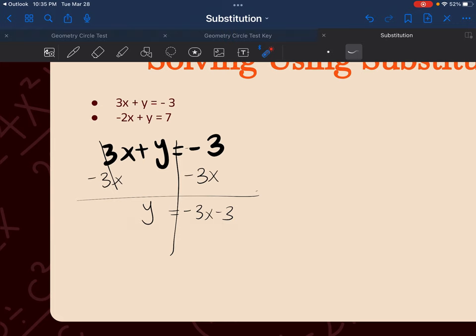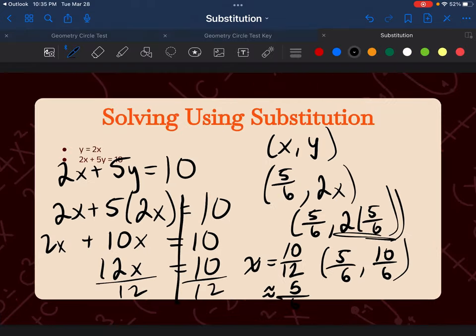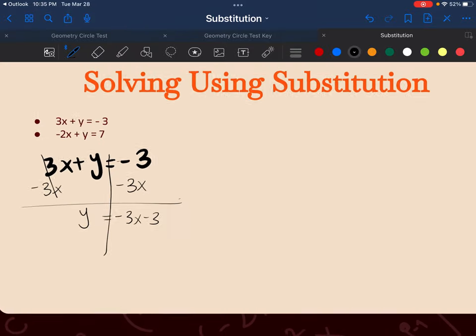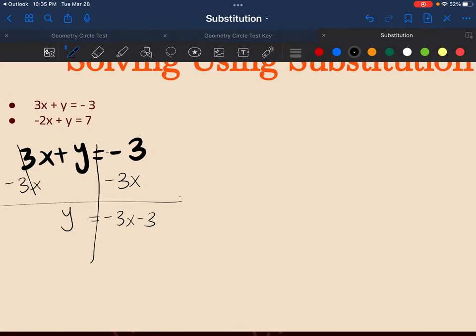So now we have an equation with y by itself. So now we can move on and write our second equation down and plug in for y. My second equation is going to be -2x plus y is equal to 7. Now, we know that y is going to be equal to -3x minus 3.